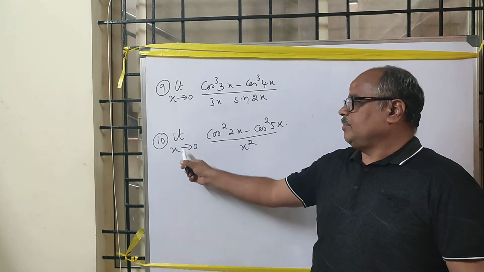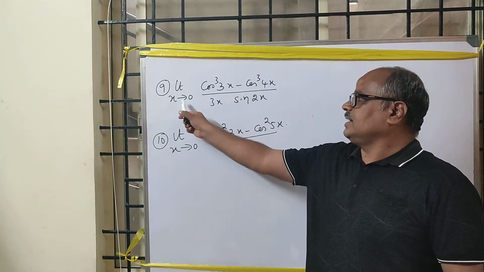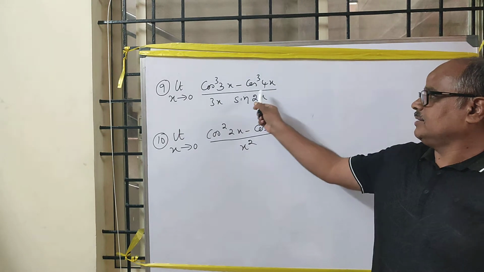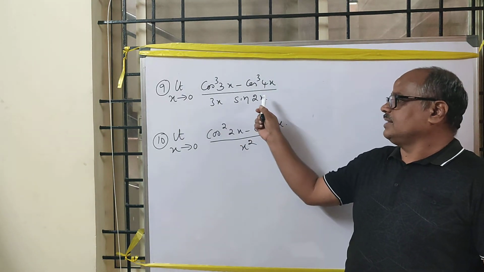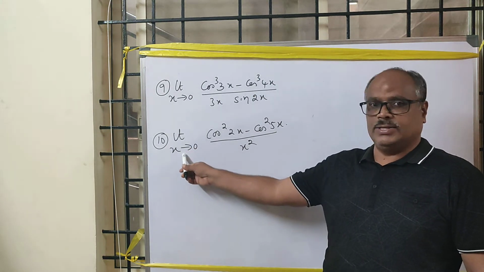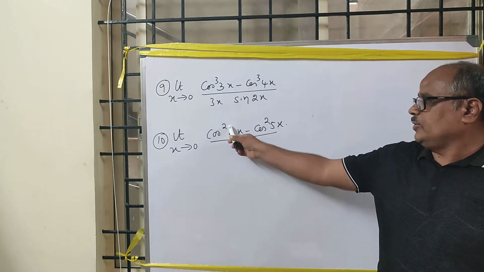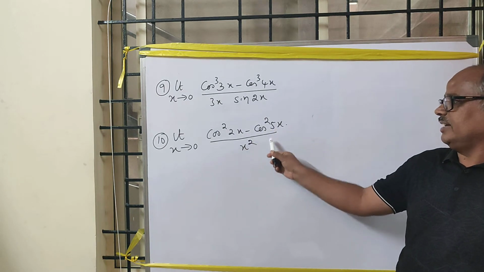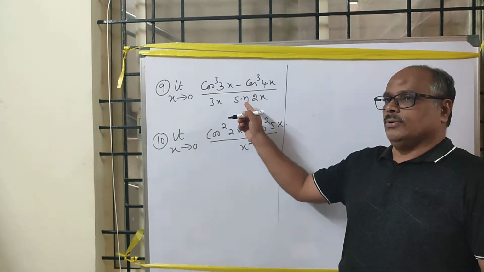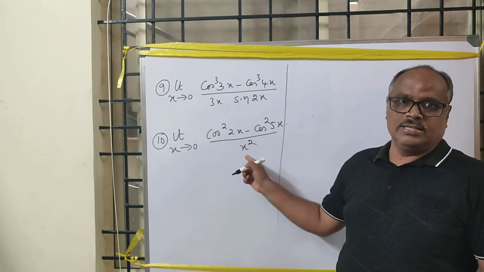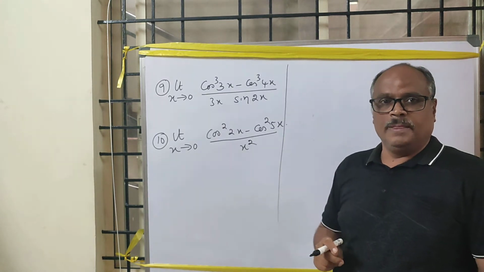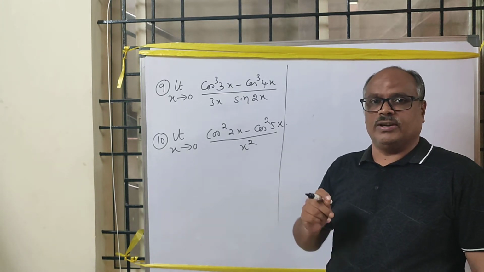The 9th and 10th problems are limit x tends to 0, cos cube 3x minus cos cube 4x divided by 3x sin 2x. The 10th problem is limit x tends to 0, cos square 2x minus cos squared 5x divided by x squared. The answer for these questions is very easy to calculate by applying the shortcut. Which shortcut are we going to use for this?